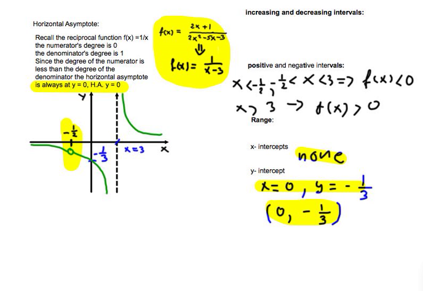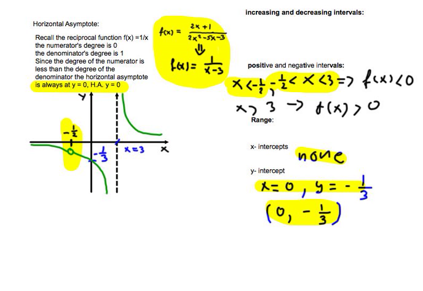Positive and negative intervals. So look at the graph and observe the following. X is less than negative 1 over 2, that donut hole. Also, x in between positive 3 and negative 1 over 2 is where the graph entirely is found below the x-axis.